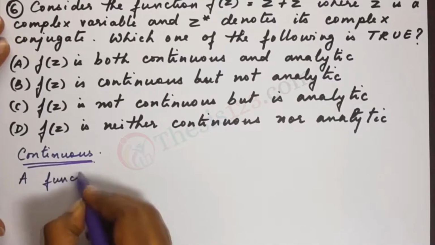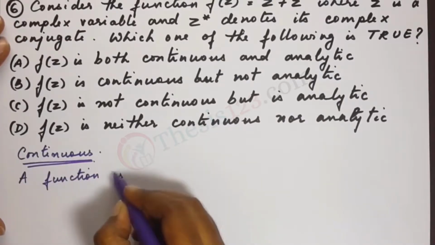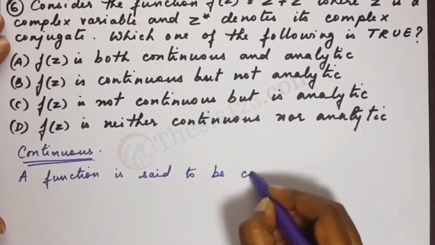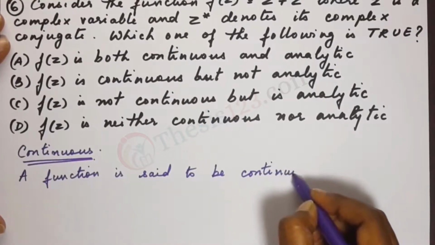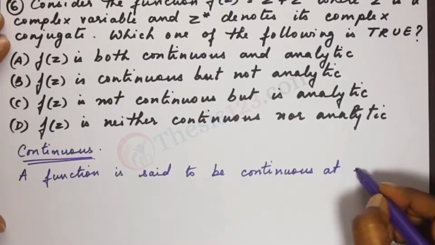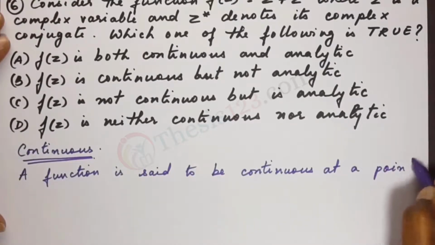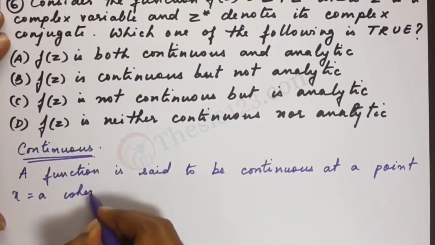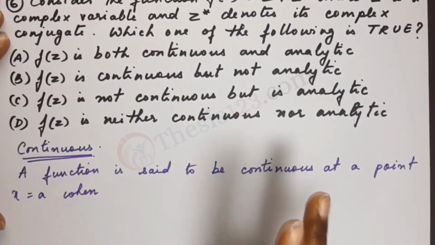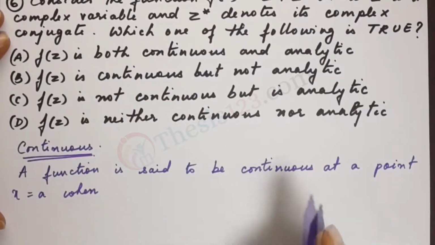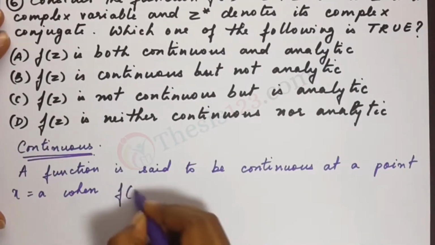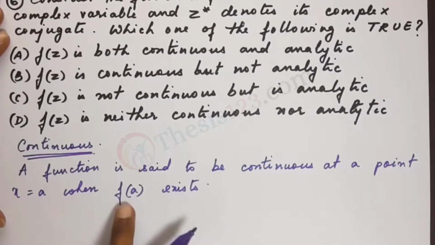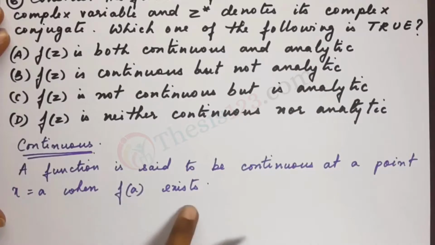A function is said to be continuous at a certain point x is equal to a when two things hold. The first is that f of a exists.